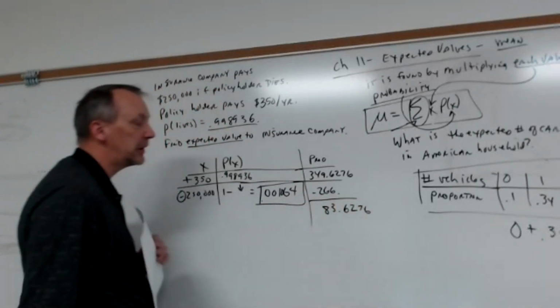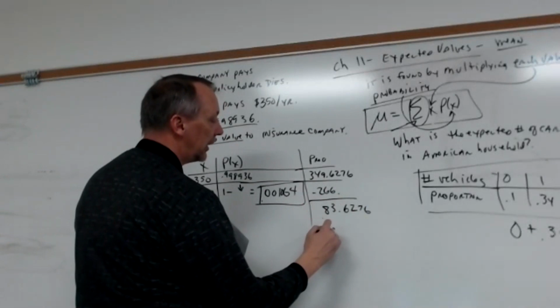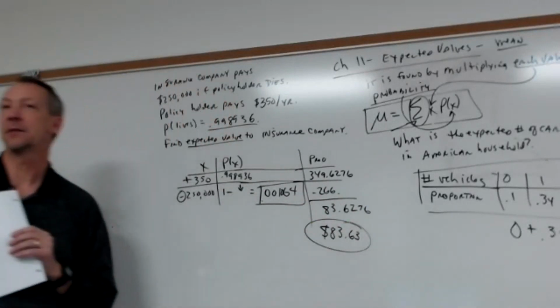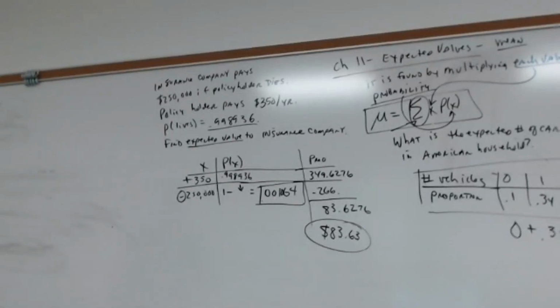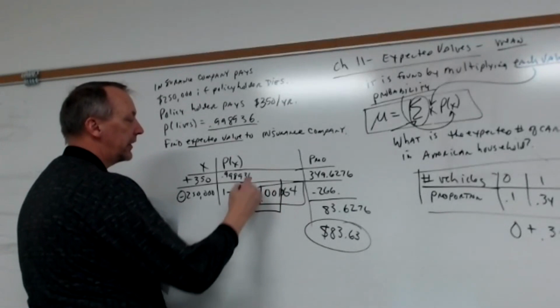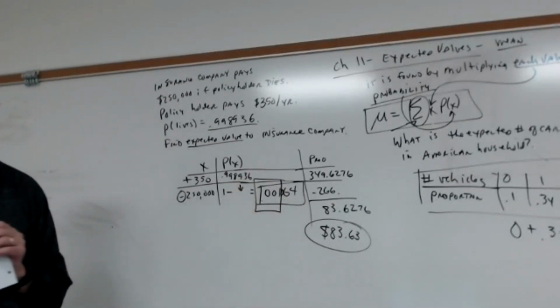If we round that to the nearest penny, they're going to make $83.63 per policy. Now, if you think about this, 1 out of 1,000 people will die, right?